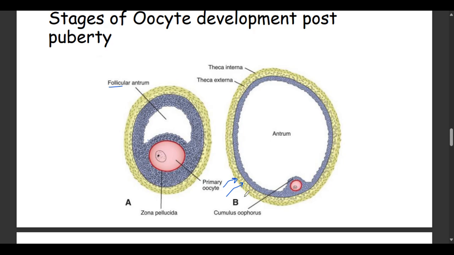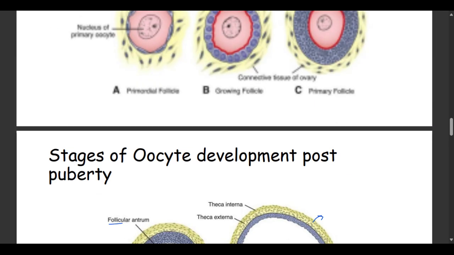These are the thicker cells that you are seeing there in yellow. These are just cells that connect this structure to the connective tissue of the surrounding ovary, basically, or the parenchyma of the ovary. That's that.